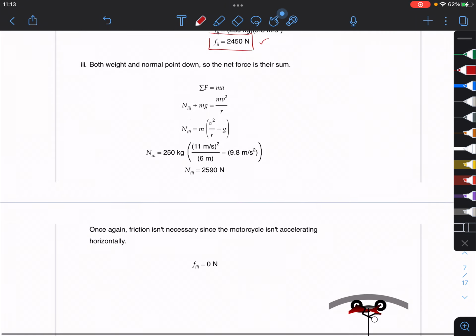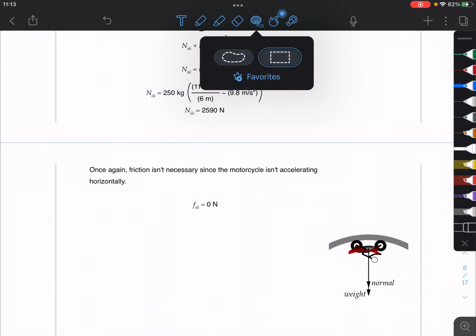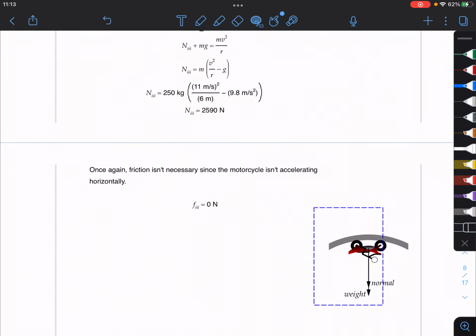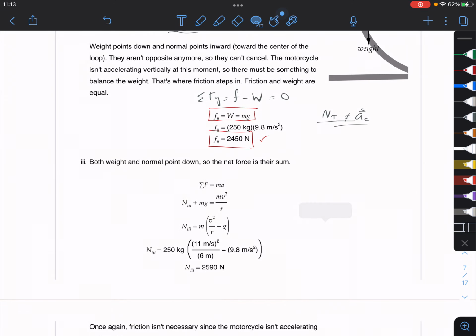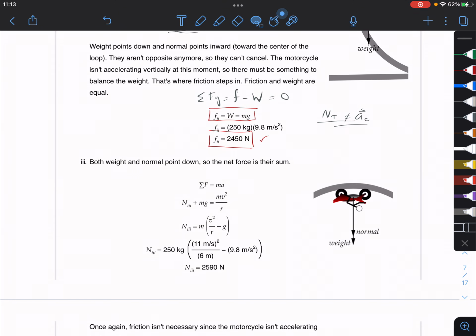Then for part 3, we're looking at this figure here, so that's what it's answering. Case 3. Oops, sorry, we're upside down. They're pointing in the same direction. So we're just looking at the sum of forces in the y direction, and it's going to be equal to mass times the centripetal acceleration, because remember, a_c is always pointing along the radial line and towards the center.